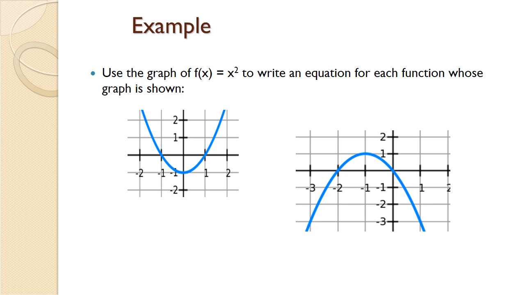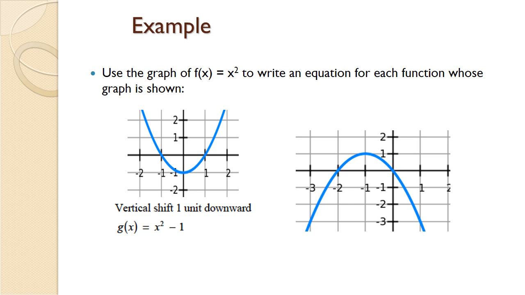So for example, let's use the graph of f of x equals x squared to write an equation for each function whose graph is shown. All right, what you're going to do here is you're going to look at basically where has the graph moved and write your equation. Pause the recording, give it a try, and resume the recording to check your answer.